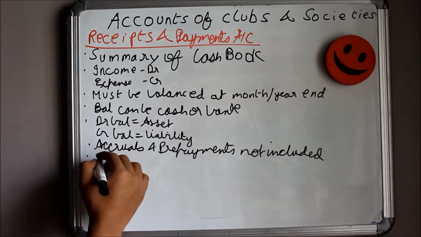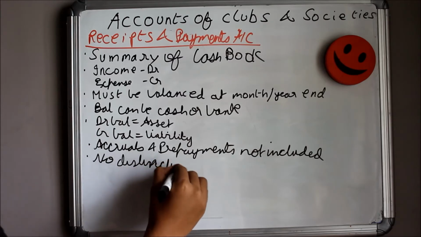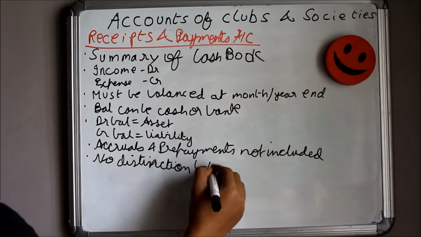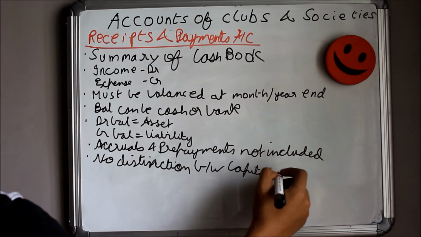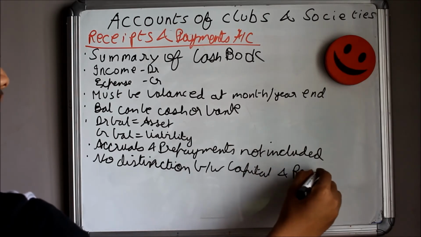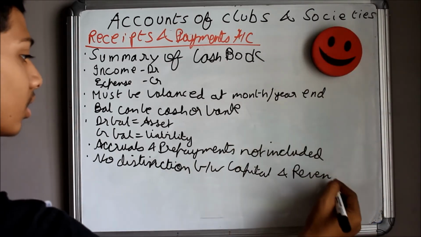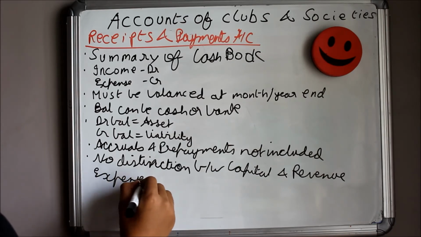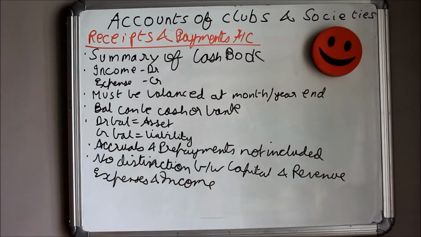So there is no distinction between capital and revenue expenses and incomes, which basically, income is basically receipt. So I think you can understand that.